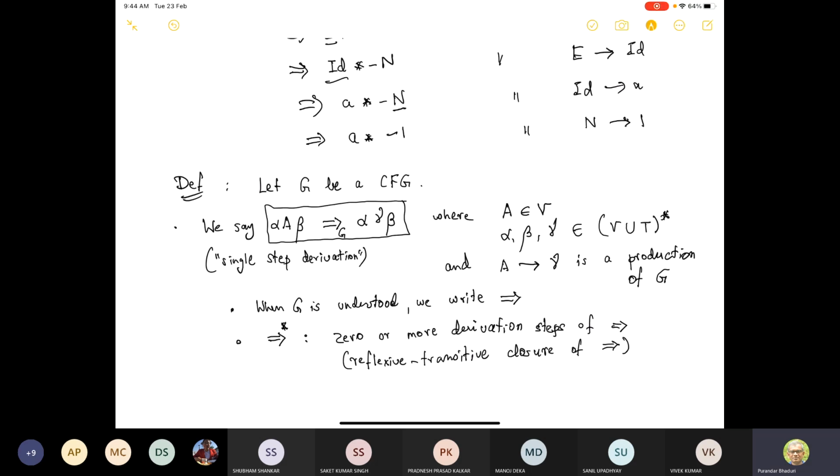That is the smallest reflexive and transitive relation containing double arrow, okay? Which is the same as saying 0 or more derivations of G, I should say.